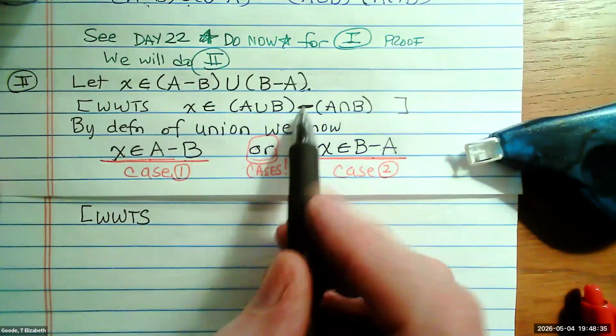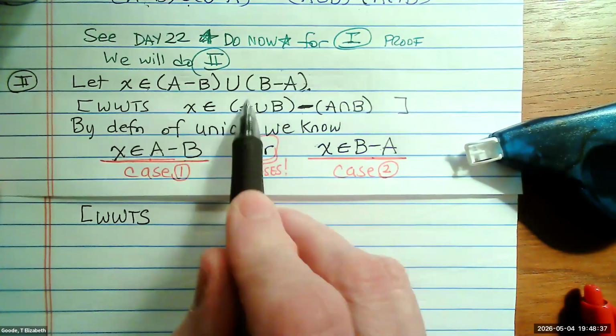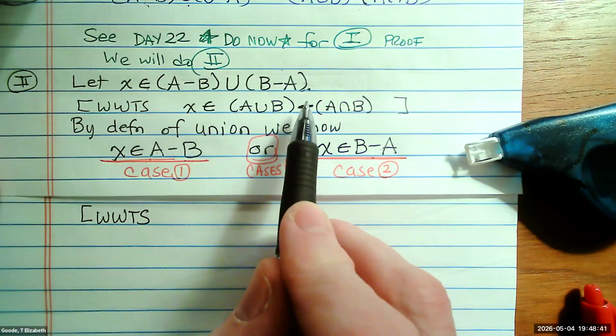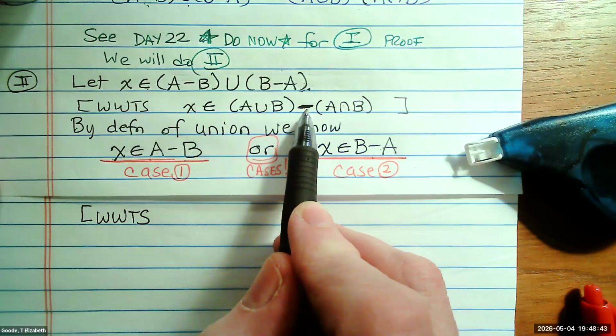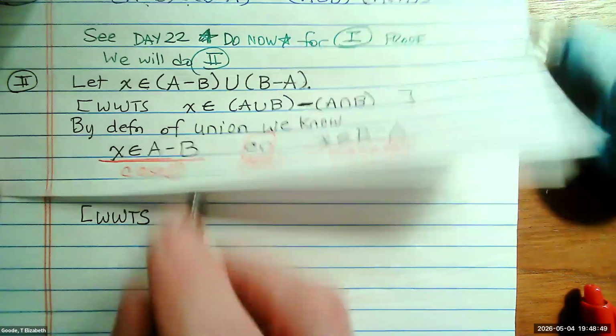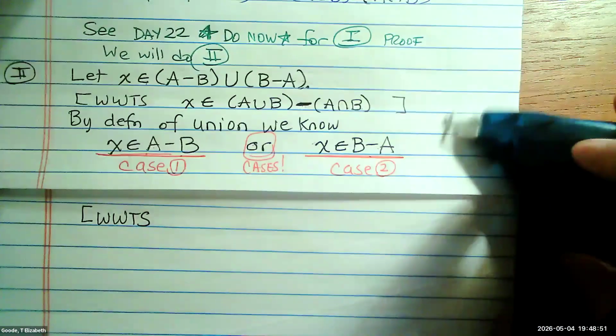We're going to break down what it means for X to be in this compound set by first attacking this last operator. See, we break it down in the opposite order that we would build it. So we're going to break down set difference. What do we really wish to show?